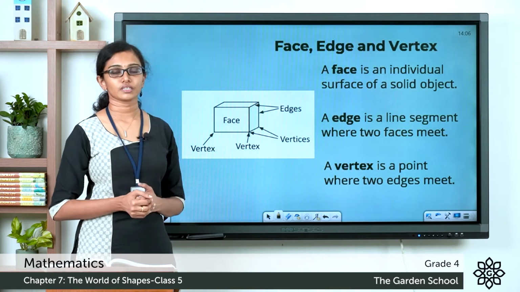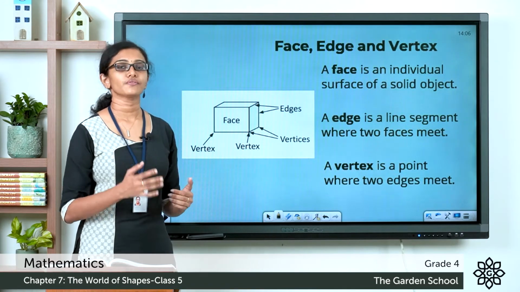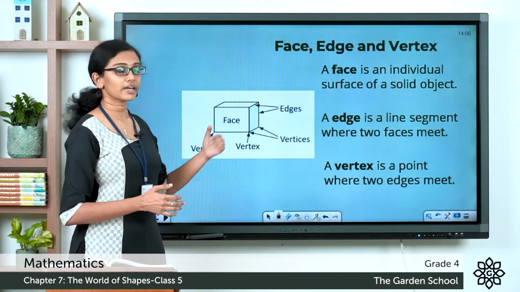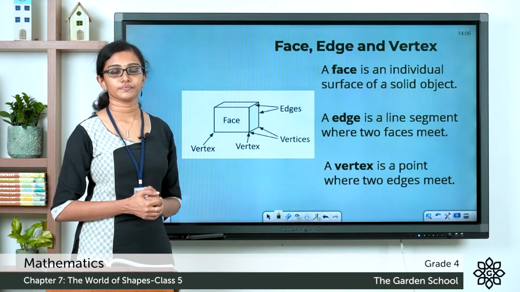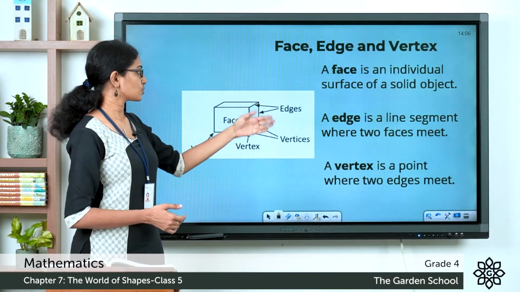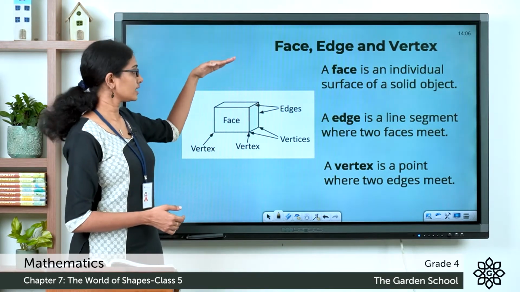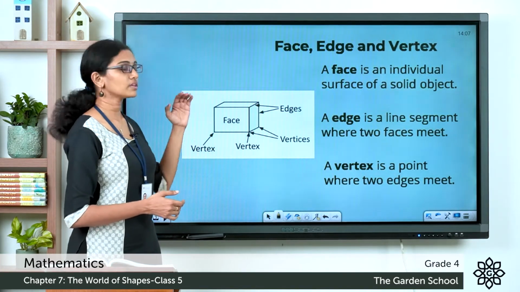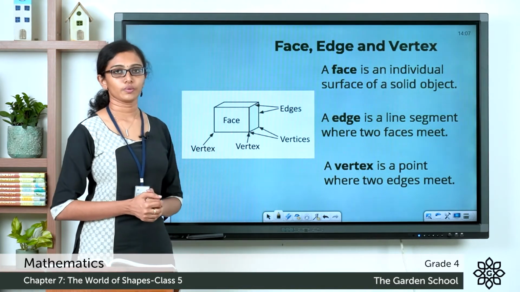The surface of it. It is called face of the cube. And a cube has got 6 faces around it. One at the back, then 2 on either side, then 1 at the top and 1 at the bottom. There are a total of 6 faces for a cube.